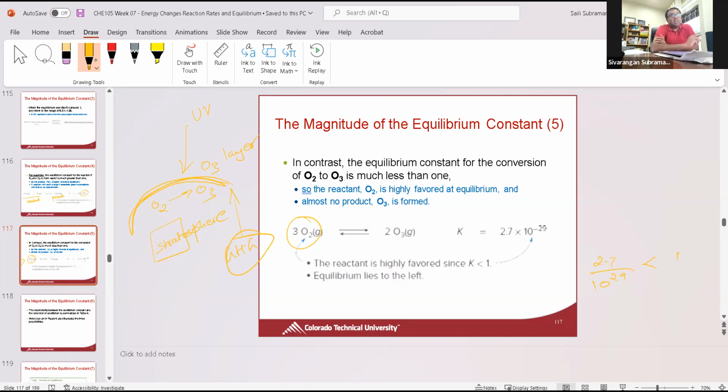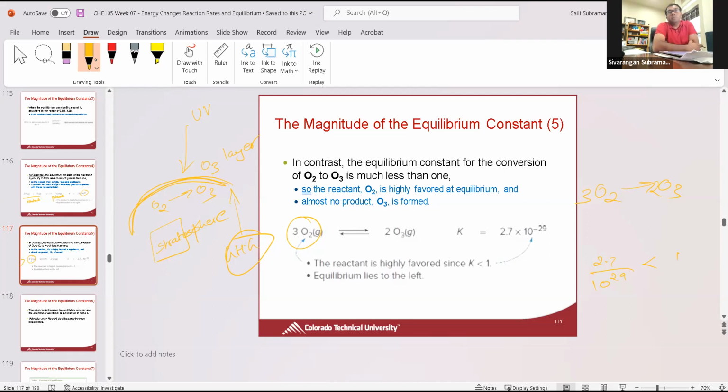But from a chemical reaction standpoint, what is happening is normally you have oxygen getting converted to O3 according to this reaction. But unless you have the right environmental conditions and the energy available, you don't want this to happen. Otherwise, all of this oxygen that we want to breathe for our respiration, if everything gets converted to ozone, you and I cannot breathe ozone.